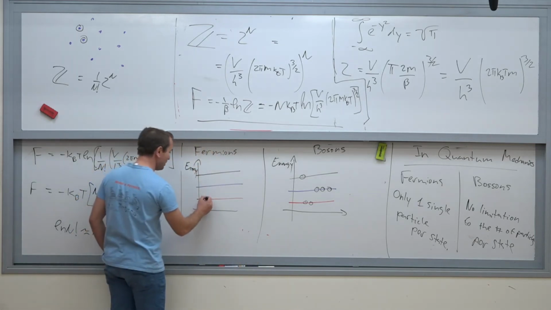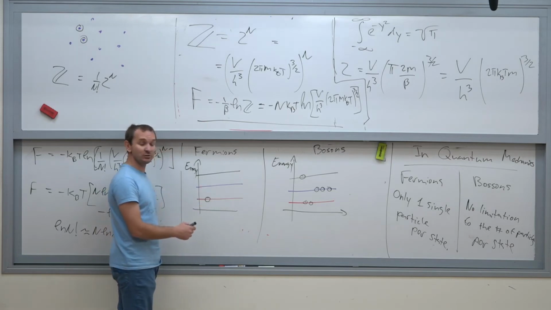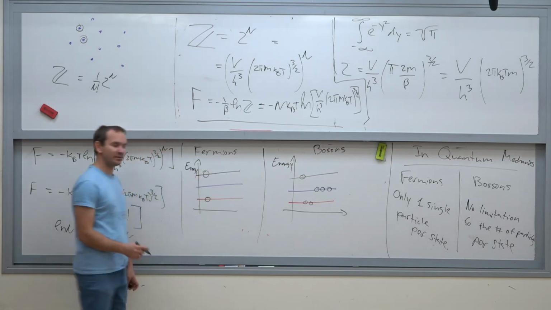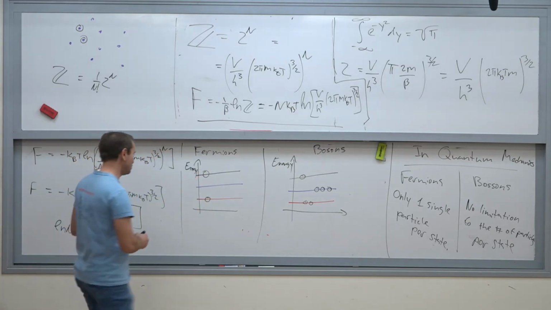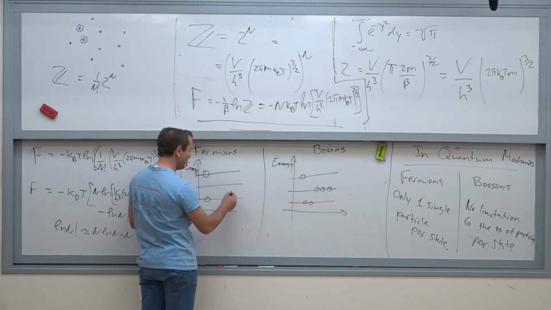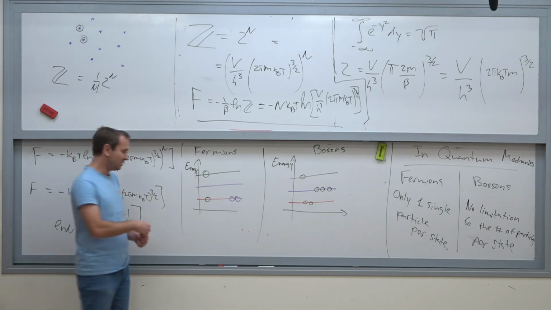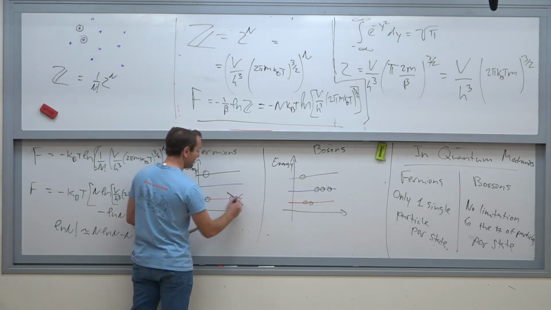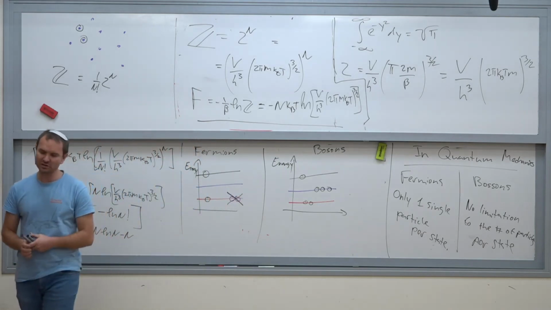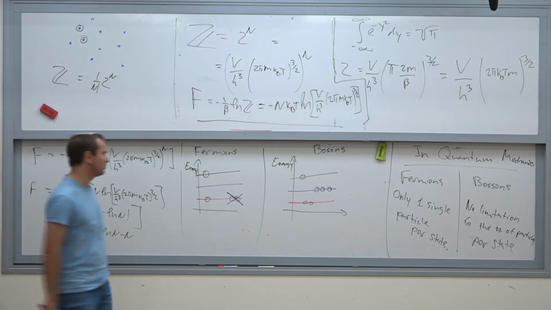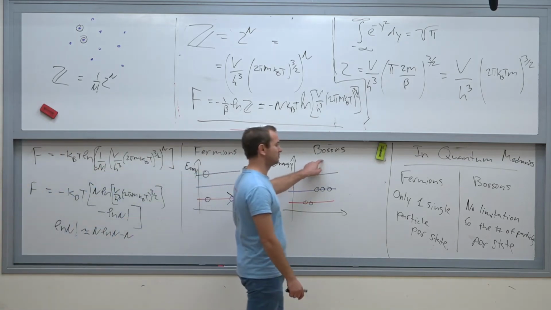So there could be 1 particle over here, 0 particles over there, and 1 particle over here. But the situation where 2 particles are sitting at any given specific level is forbidden. Okay. And there is no such restriction for the bosons.